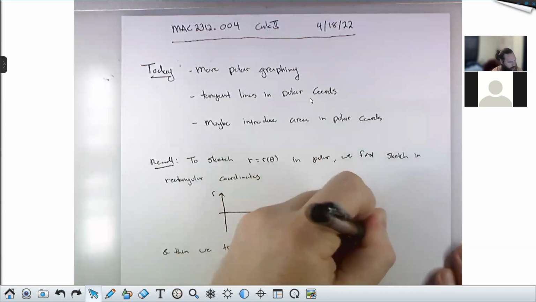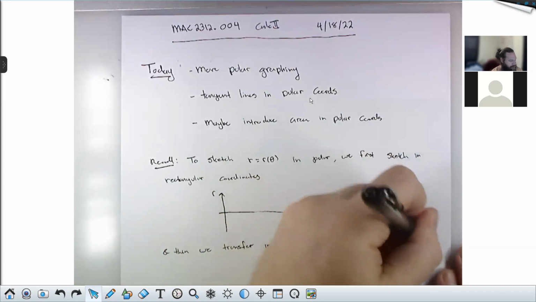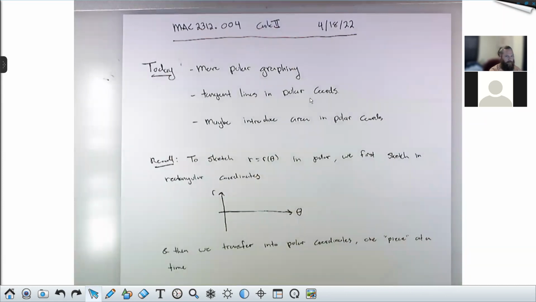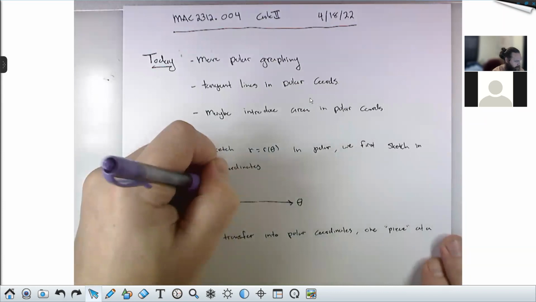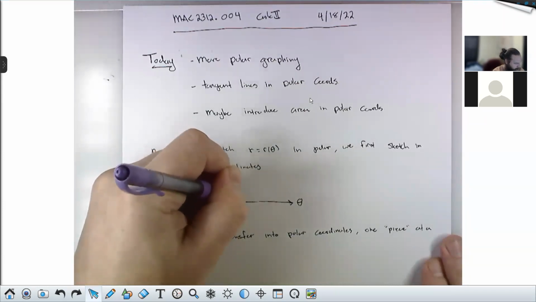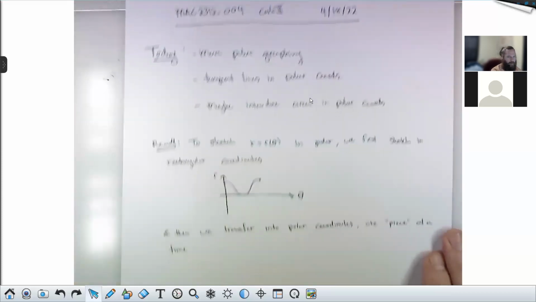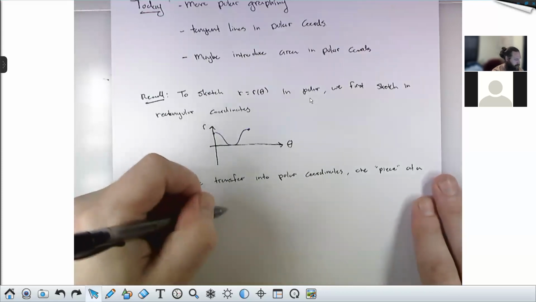I like to think kind of one piece at a time. So maybe I have some portion of a polar curve that looks like, I don't know, something like this in rectangular coordinates, and I want to sketch that in polar coordinates.